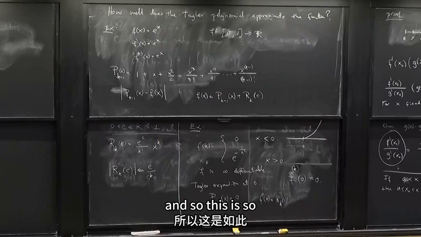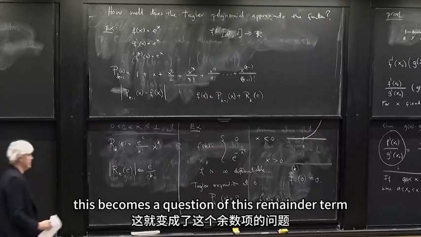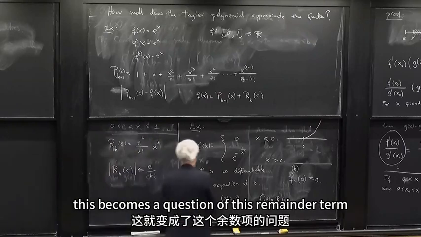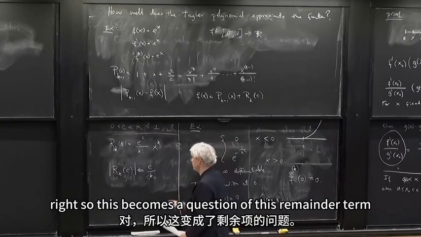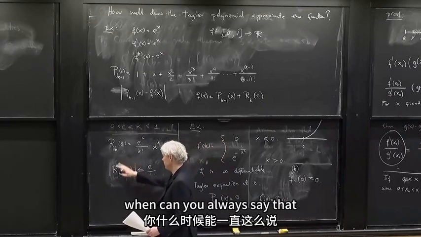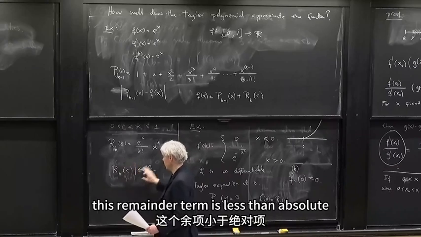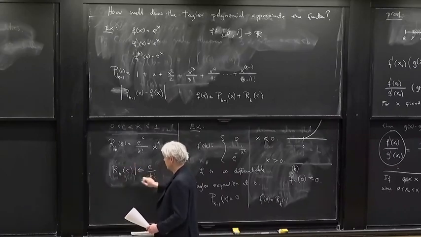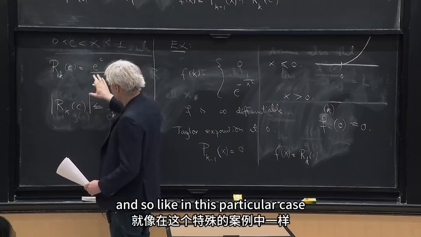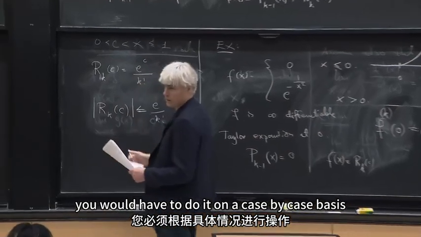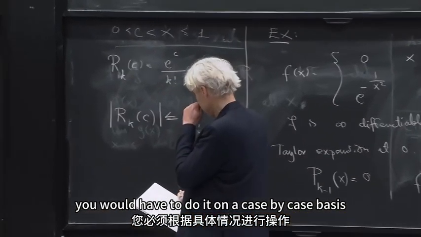And so this becomes a question of this remainder term. When can you always say that this remainder term is less than epsilon? In this particular case, you would have to do it on a case-by-case basis.